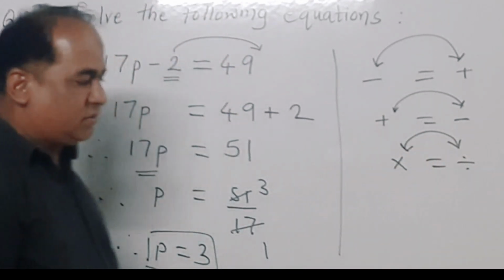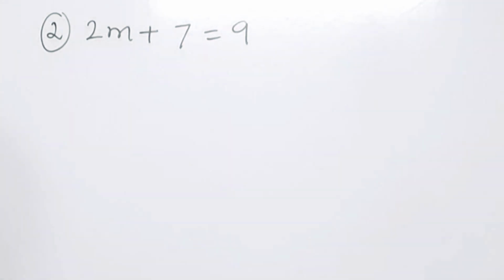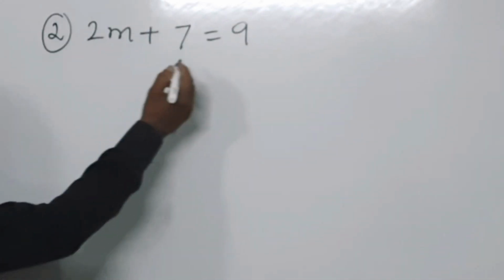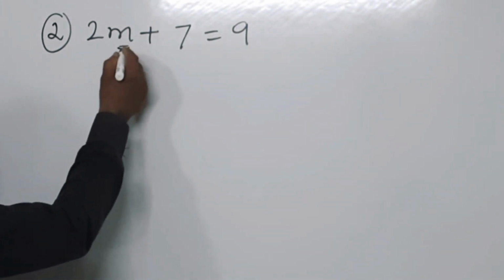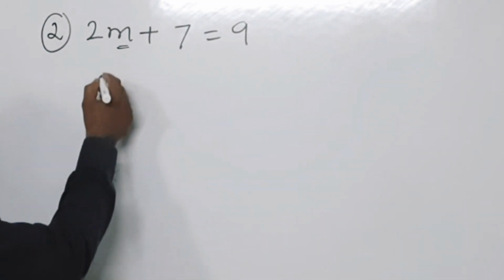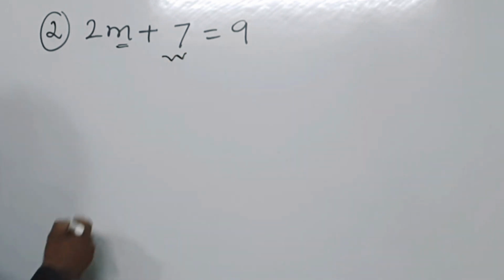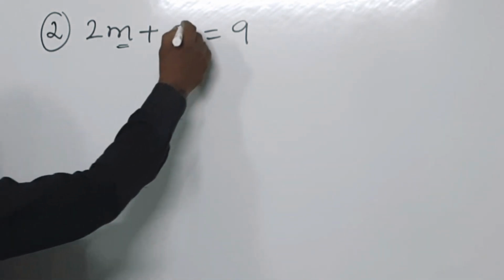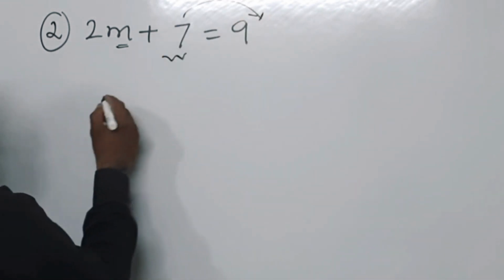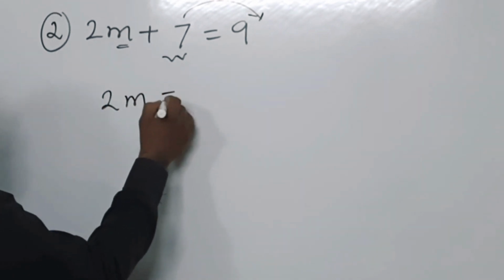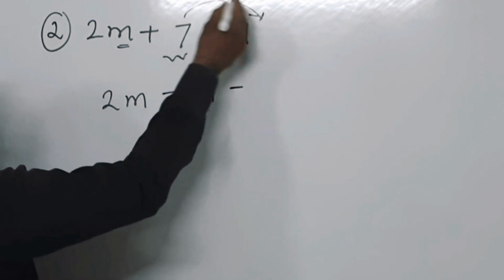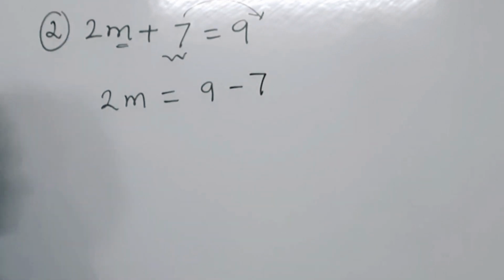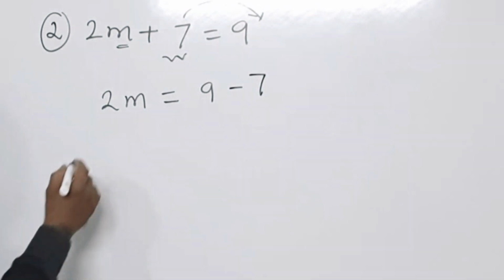Second example, 2m plus 7 is equal to 9. Here the variable is m, we have to find the value of m. The number plus 7 we take on the right hand side of the equality. So 2m is equal to 9 minus 7, because the sign changes.